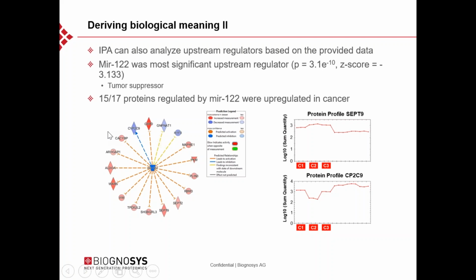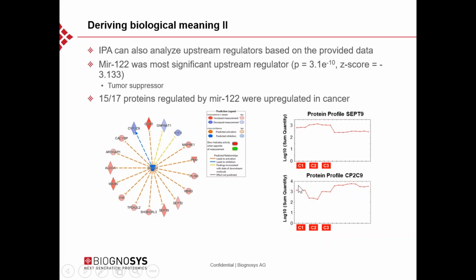Out of 17 proteins regulated by miR-122, we could show that 15 were upregulated in cancer as expected. For some of the proteins, like SEP9, you can nicely see here that it's significantly higher expressed in the cancer samples, whereas in the healthy samples it's lower expressed.